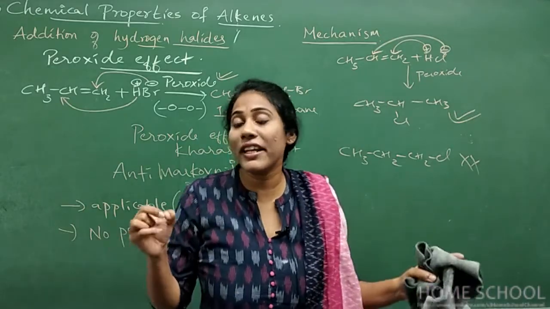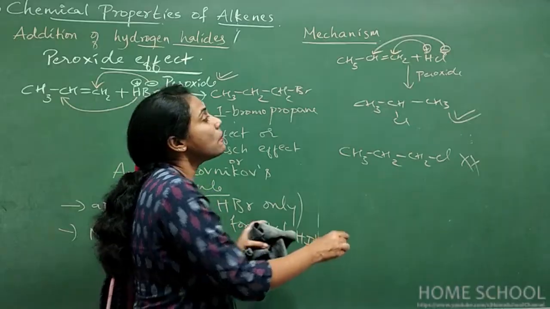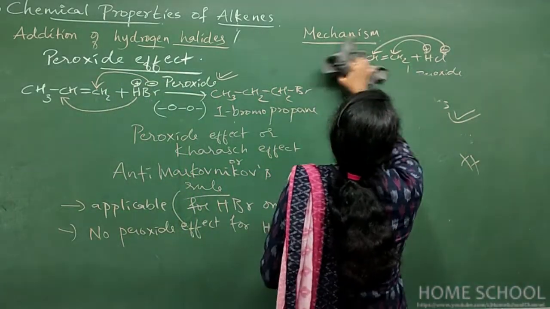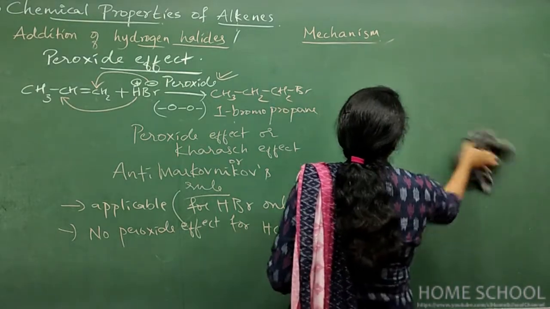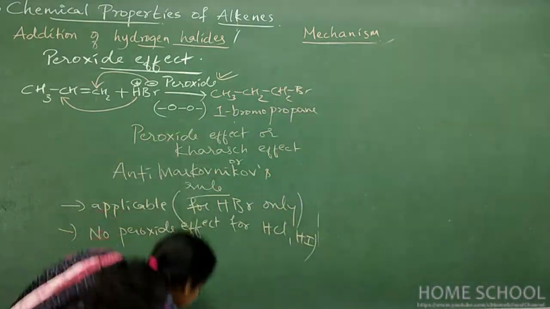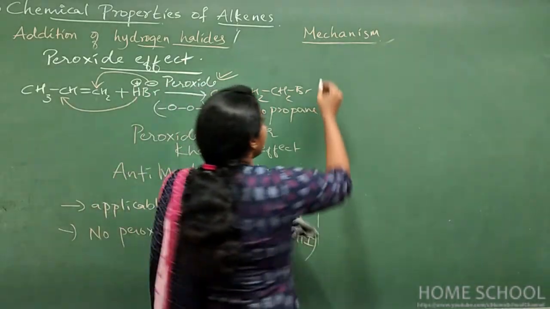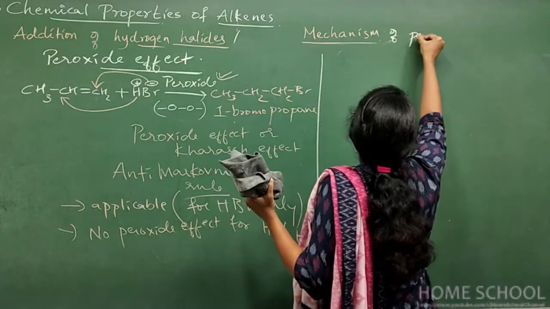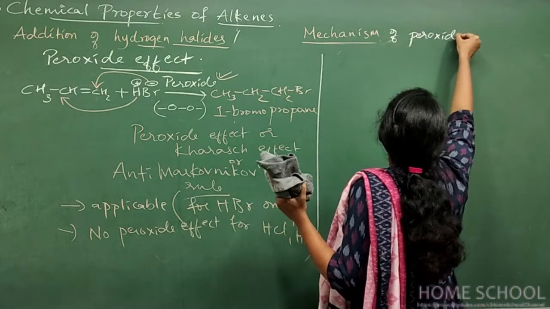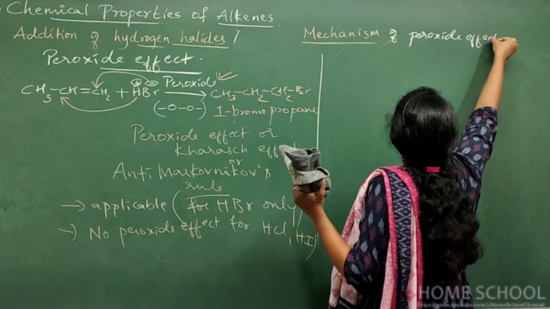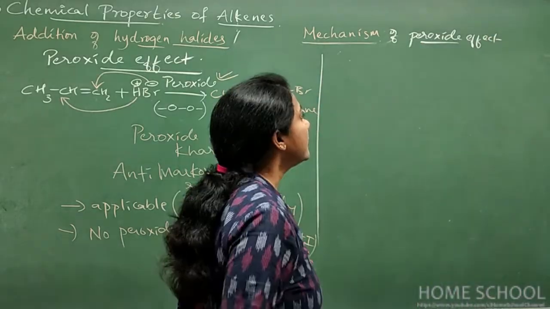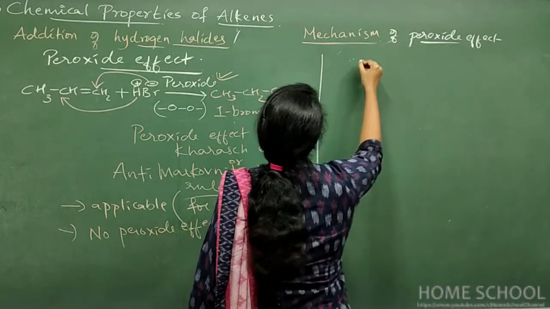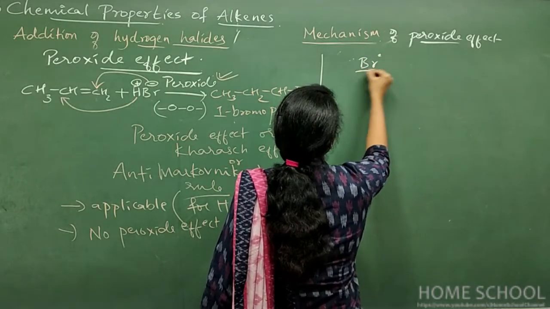Now let us try to understand the mechanism of the peroxide effect. Let me explain the mechanism now. See guys, initially, in the presence of peroxide, Br free radicals are formed.